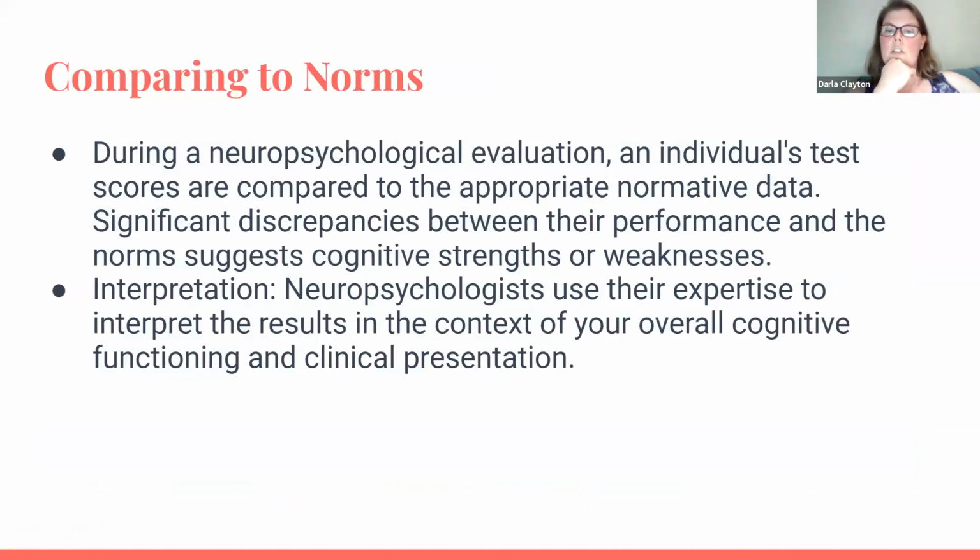The neuropsychologists use their expertise to interpret those results in the context of your overall cognitive functioning and your clinical presentation. So they're looking at all of the different pieces and bringing it together to make sense of how to best help you, your individual difficulties and where you're at in the world right now.